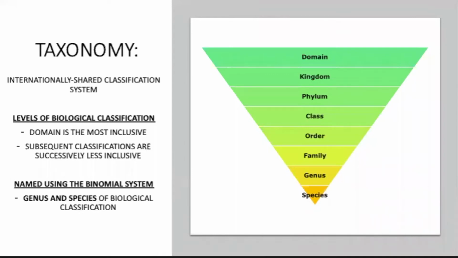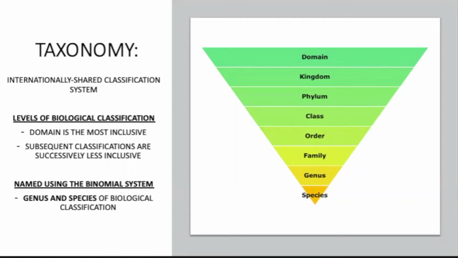So when we get into the naming of these organisms, it's going to be based off a field called taxonomy. Taxonomy is an internationally shared classification system, and this is represented here on the right with this upside down pyramid. We have our domains at the top, and it's going to contain all of these different species.